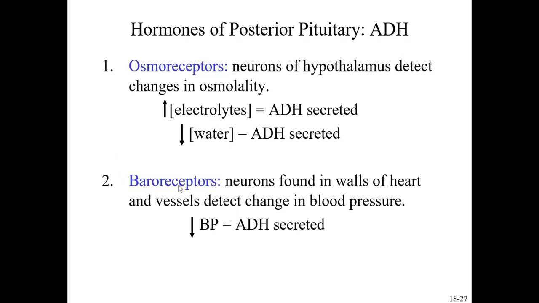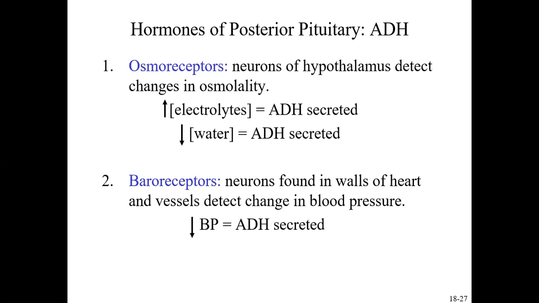The second type of receptor is called a baroreceptor. The baro prefix refers to pressure. You have specialized neurons inside of the heart, mainly in the right atrium, and some of the major vessels like the aorta, and they can detect changes in your blood pressure.